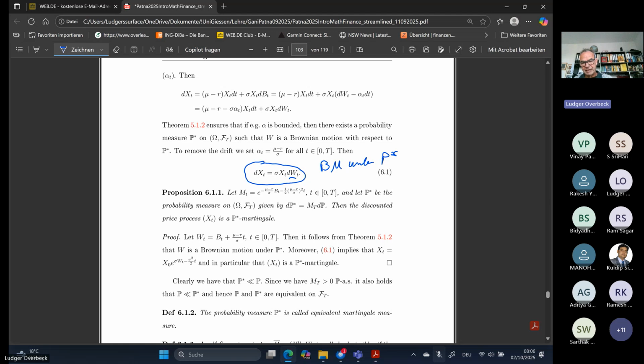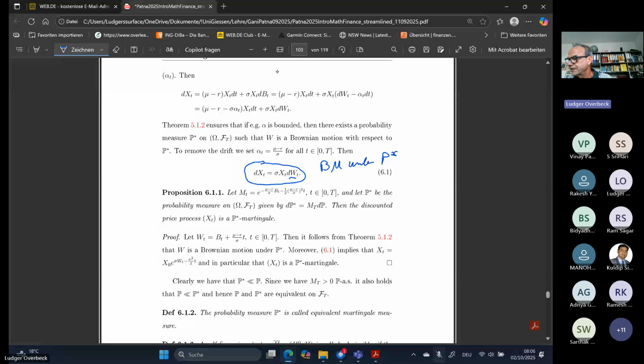The same procedure can also be done for generalized Black-Scholes models. In a generalized Black-Scholes model, you start with an asset price.